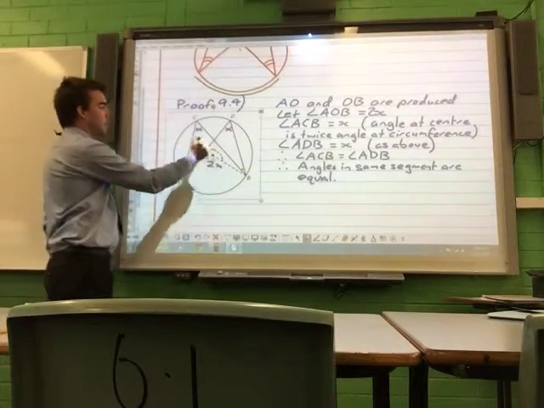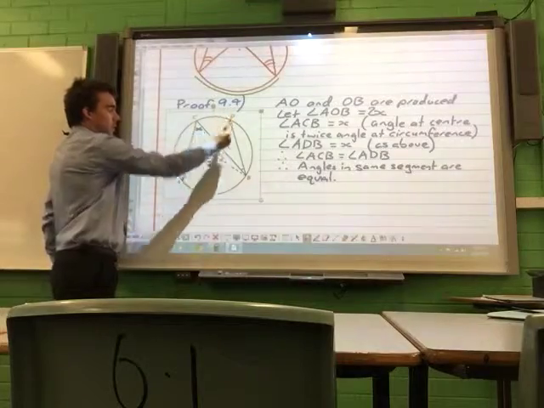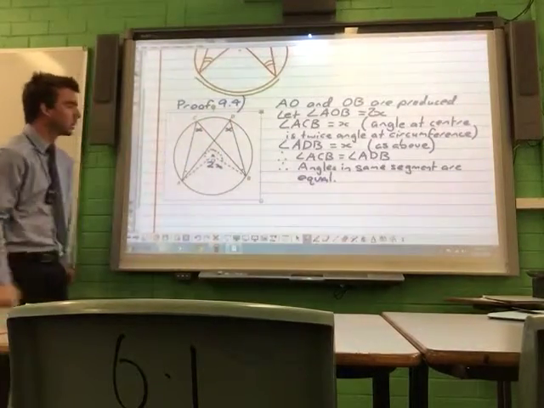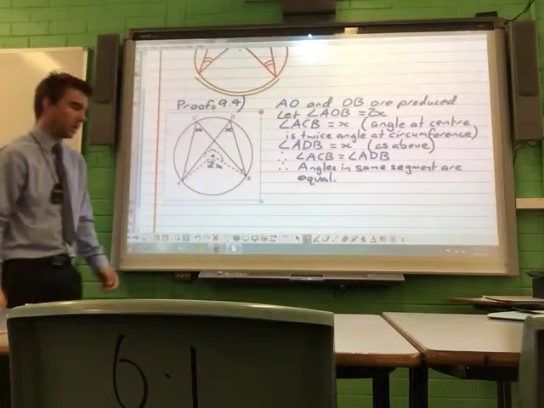Or I do my radius and I do it up to these two points here. So I've got that line down there and there already. And that will be a very similar setup to our proof there.